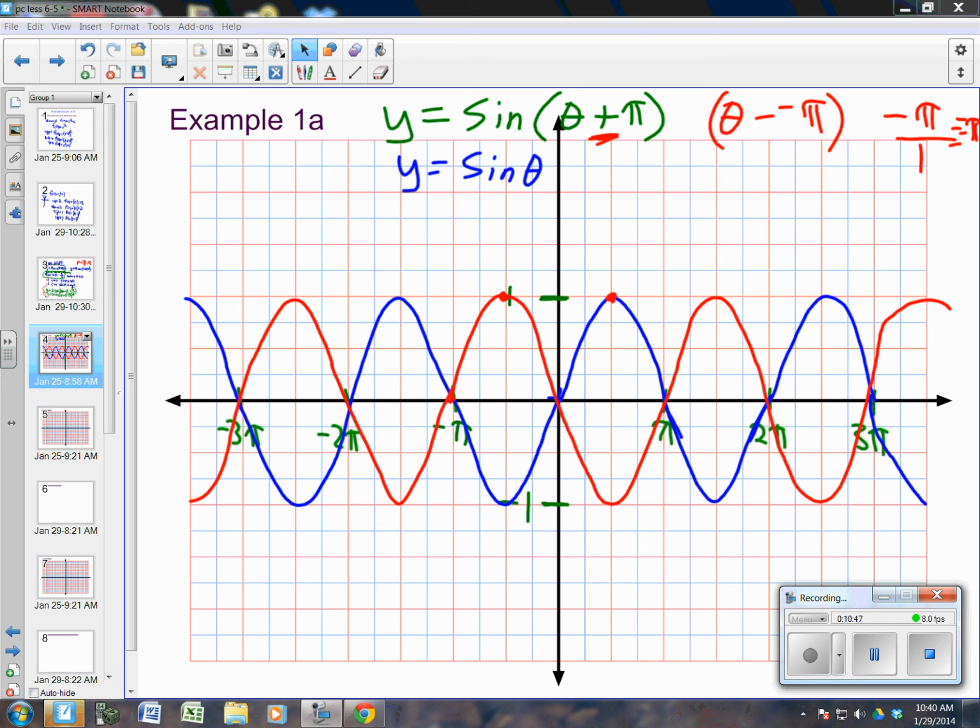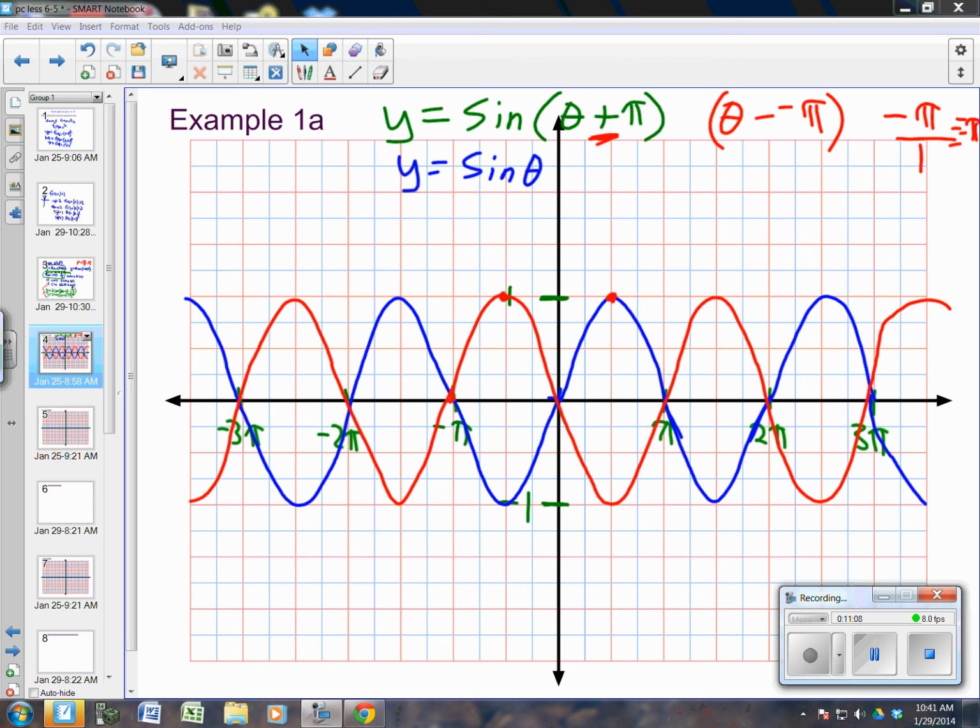No, this is the problem we're doing right here. The blue one is y equals sine of theta. And then the red one is the graph of theta plus pi, which shifts it to the left, negative pi. So everything shifts negative pi to the left. Any questions on that?